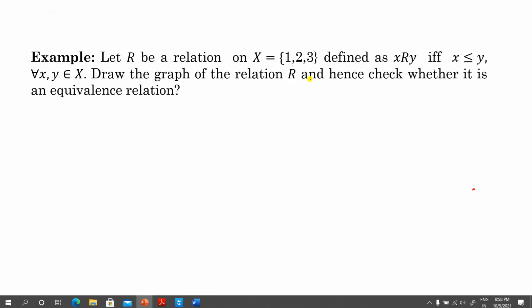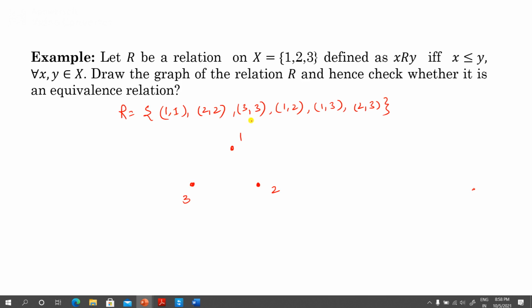Now again we take the same example. Here first I write the elements. The elements are (1, 1), (2, 2), (3, 3), (1, 2), (1, 3) and (2, 3). So these are the elements of R. Now we denote the elements by vertices or nodes: 1, 2 and 3.